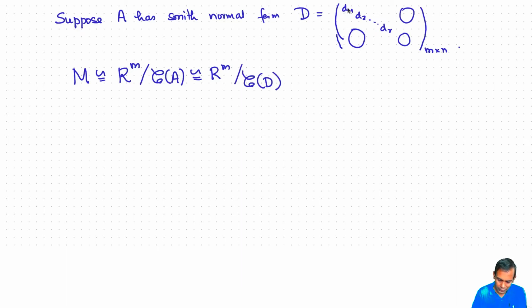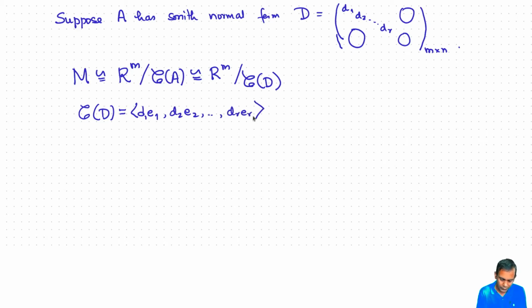But R^n mod the column space of B, well, what we are saying here is that the column space of B means this is the submodule generated by d1 E1, d2 E2, ..., dr Er.